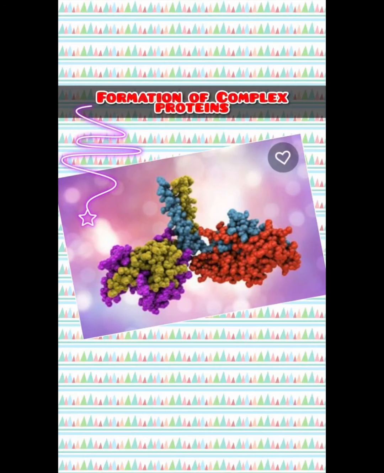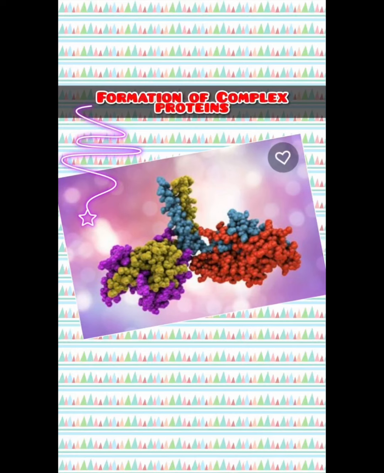Complex proteins are made up of various protein molecules, which are linked by non-covalent bonds. Amino acids are the basic units of the protein.